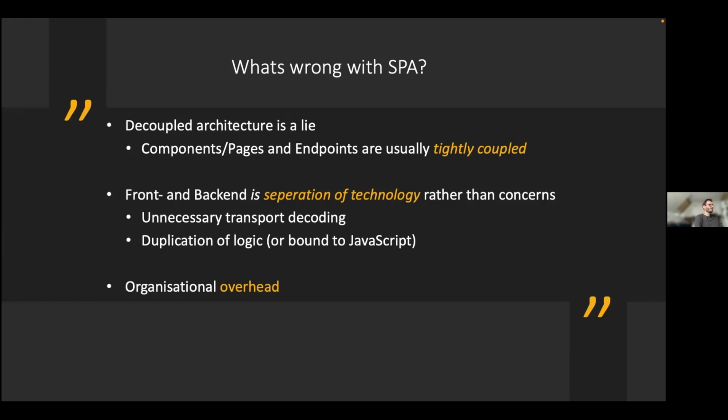which might lead to unnecessary transport decoding. You always have to see if the data which comes from the back end is still there, were there transport issues while requesting the server.